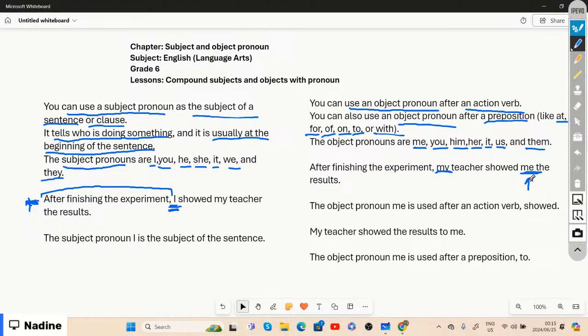Basically, me is the object pronoun, because the teacher showed me, showed somebody else, the results. Which means that the teacher, which is my, is not the object pronoun, but me is the object pronoun, because me is also used after the action verb, which is showed.